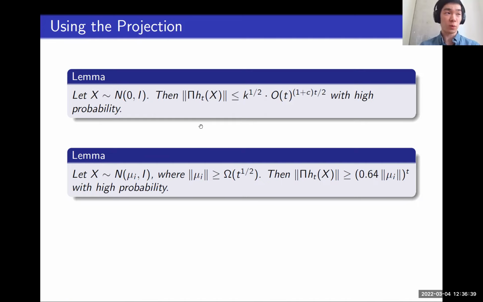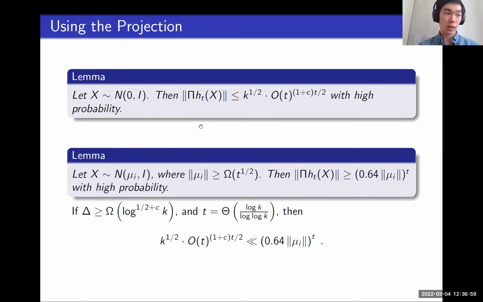If we have a sample from the mean zero component, then we have an upper bound on the length of the projection onto this good subspace with high probability. If we have a sample from a non-zero mean component, then we have a lower bound on the projection onto this subspace with high probability. Putting these two bounds together gives us a distinguisher with high probability, which solves the problem that we want.